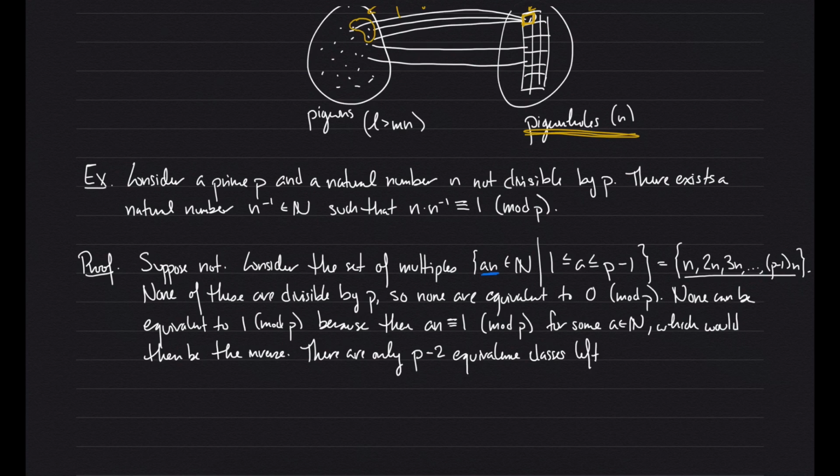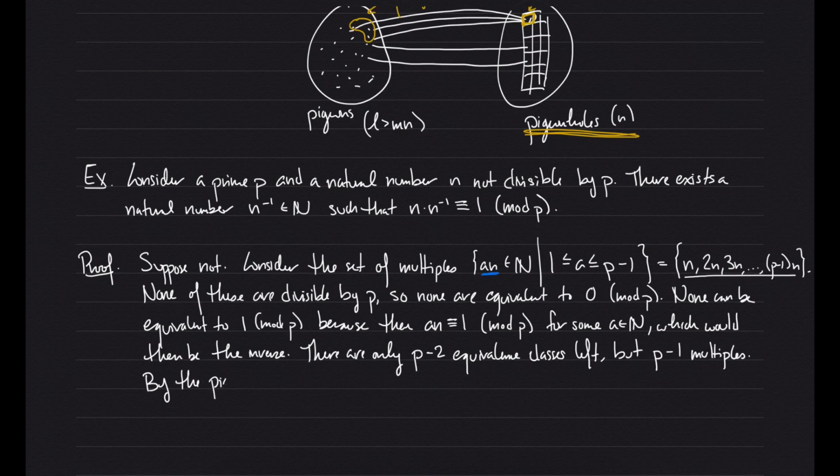Because there are p equivalence classes: the equivalence class of 0, of 1, of 2, dot, dot, dot, of p minus 1. And our multiples can't be in the equivalence class of 0 or of 1. So we have p minus 2 equivalence classes left and p minus 1 multiples to think about. Now we can use the pigeonhole principle, because each multiple must be in some equivalence class, but there are more multiples than equivalence classes. So 2 multiples must be in the same equivalence class.